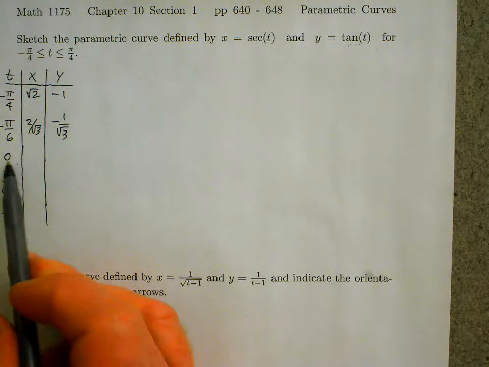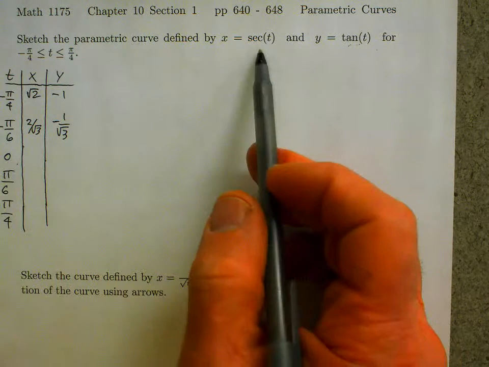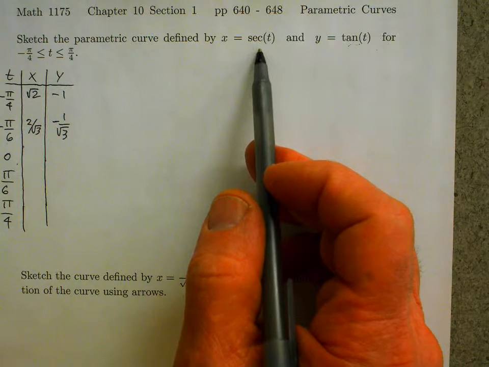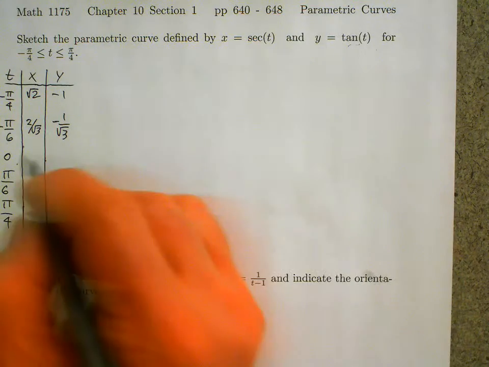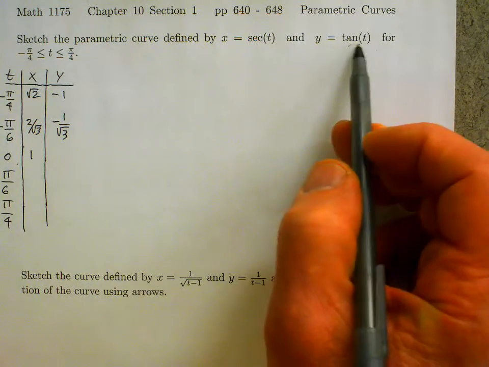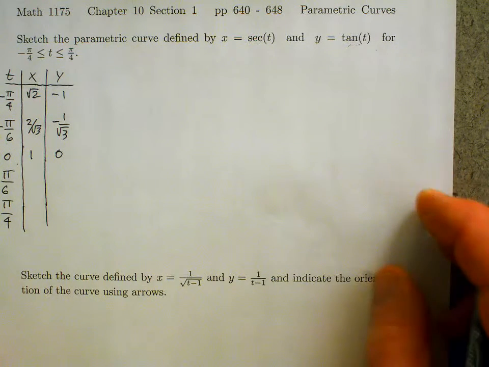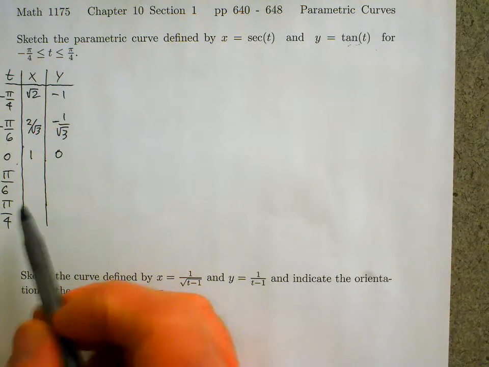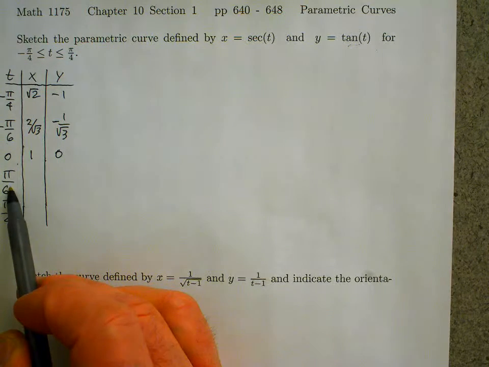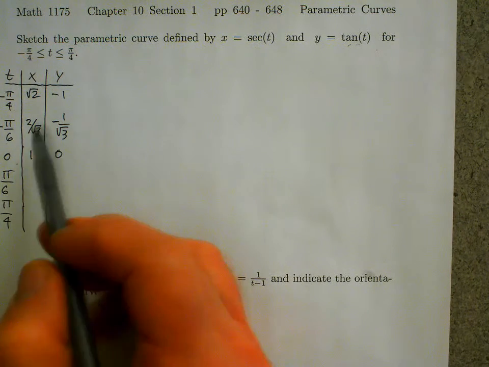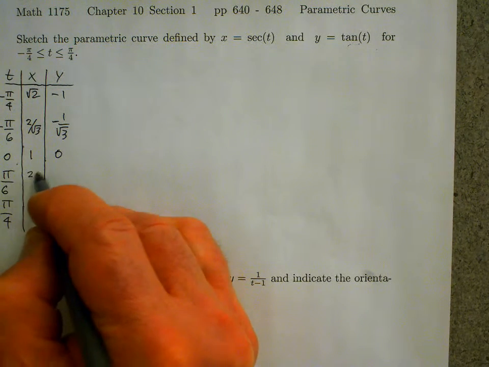Okay, this one will be easier. When t is 0, secant of 0, cosine of 0 is 1, so the reciprocal is also 1. Tangent of 0 is 0. And then for the positive values, pi over 6, cosine is still positive, so it'll be 2 over the square root of 3.